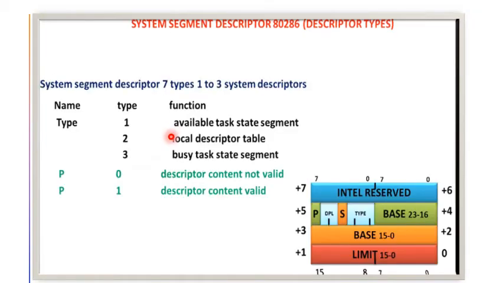When P is equal to 0, at that instant of time, the descriptor content is not valid. When P is equal to 1, the descriptor content is valid. If it is of type 1, then it is an available task state segment. If it is of type 2, then it is a local descriptor table. If it is of type 3, then it is a busy task state segment.